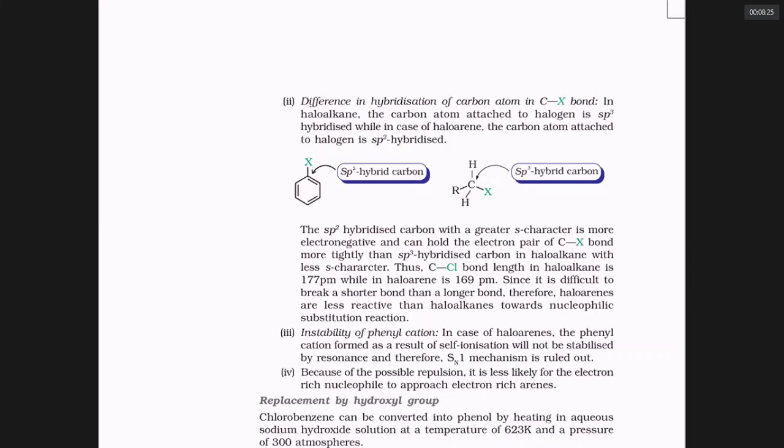An sp2 hybridized carbon makes a stronger bond with a halogen than an sp3 carbon. So because the carbon is sp2 hybridized in aryl halides and in vinyl halide, it is difficult to break the C-Cl bond. Notice in aryl halide, the C-Cl bond is short and strong. In ordinary alkyl halide, the C-Cl bond is long and weak.